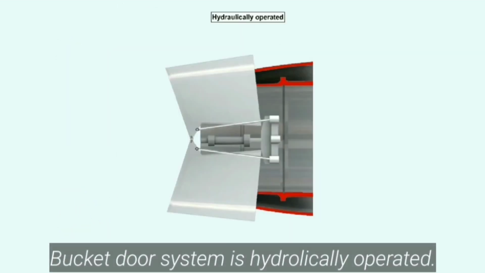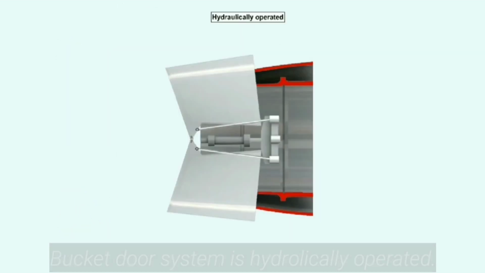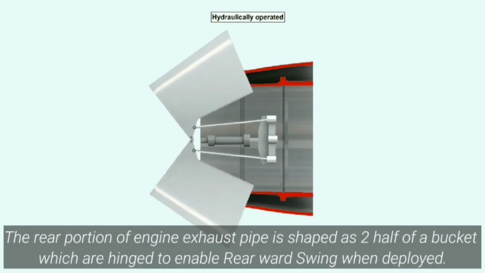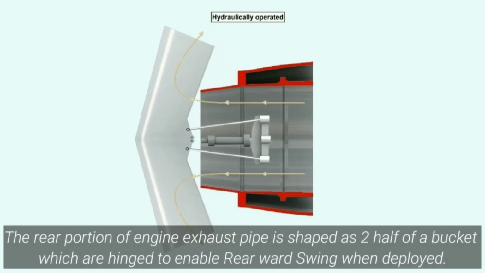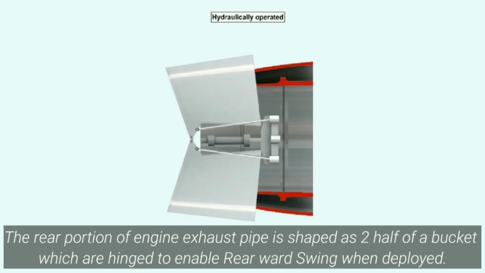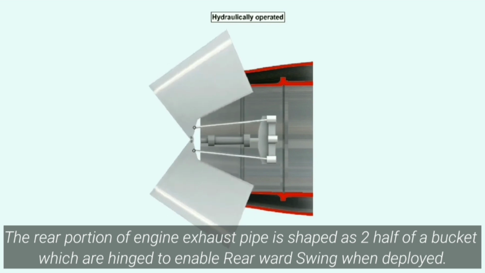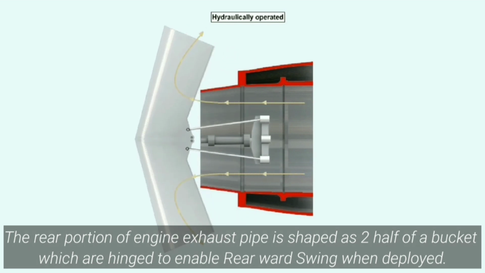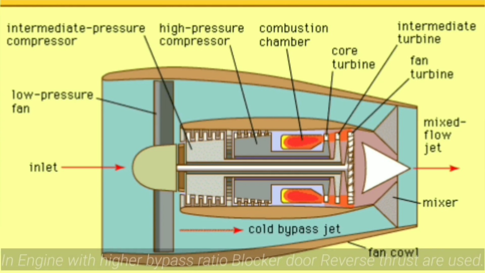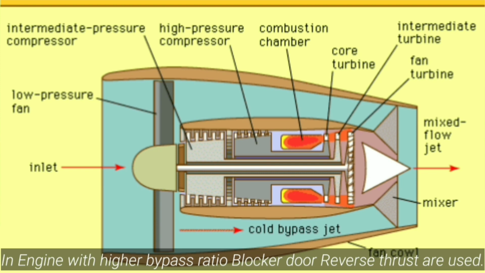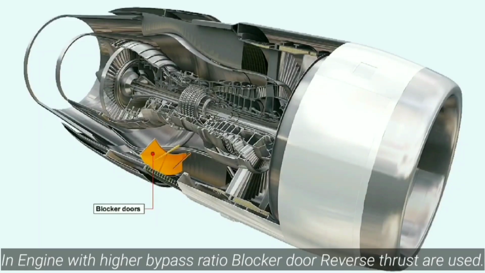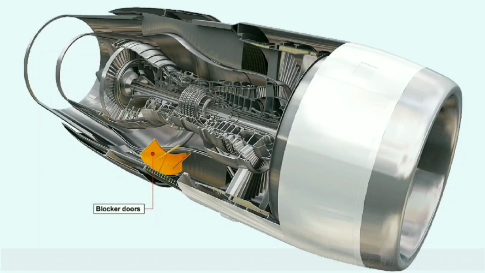The bucket door system is hydraulically operated. The rear portion of the engine exhaust pipe is shaped as two halves of a bucket, which are hinged to enable rearward swing when deployed. In engines with higher bypass ratio, blocker door reversers are used.